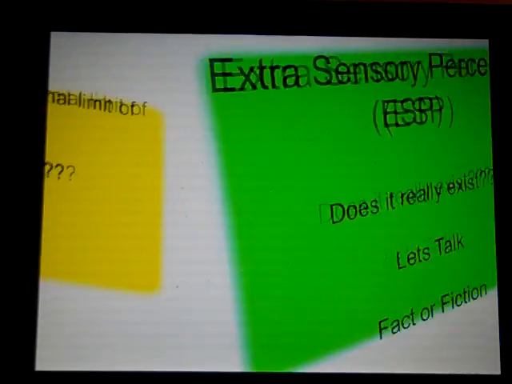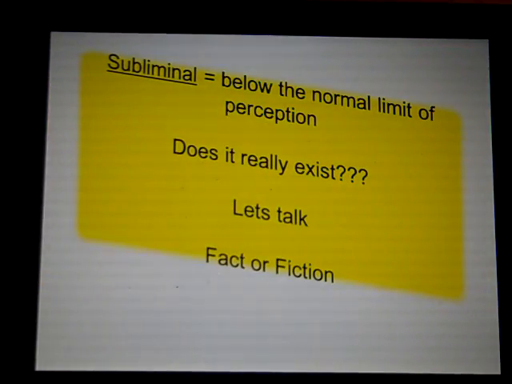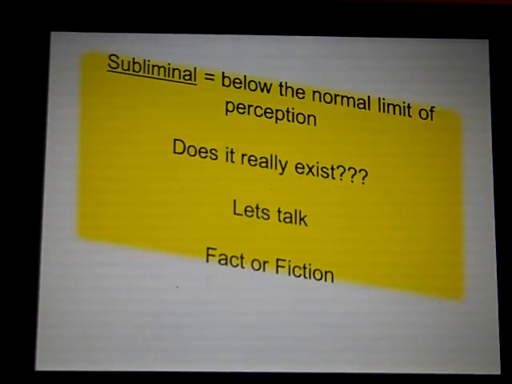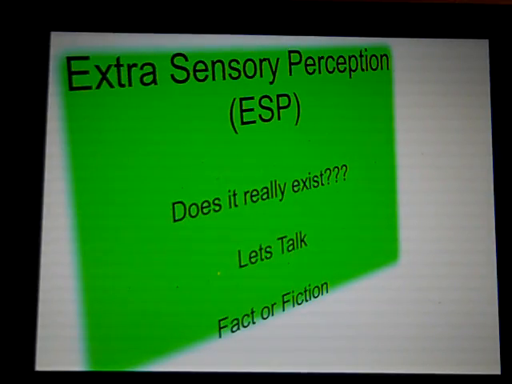Some scientists believe that subliminal perception does exist under certain circumstances. Other scientists and psychologists say no, you can't really prove that this exists. So there's no way to really study it scientifically in psychology.